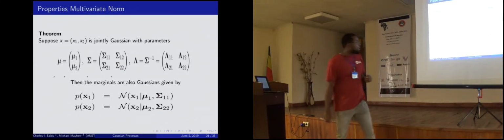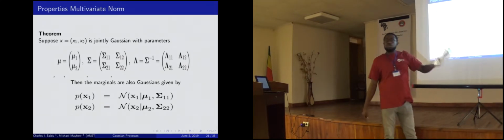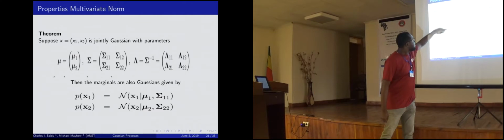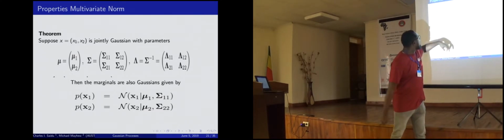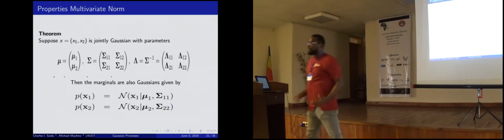In the same way, x2 is also a normal distribution, parameterized by this and this, okay? So that's what it means.